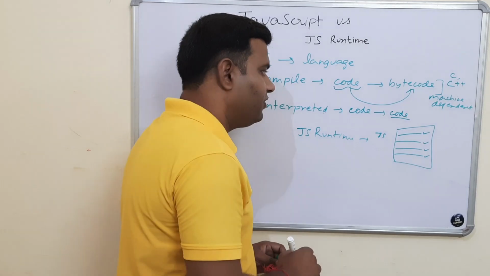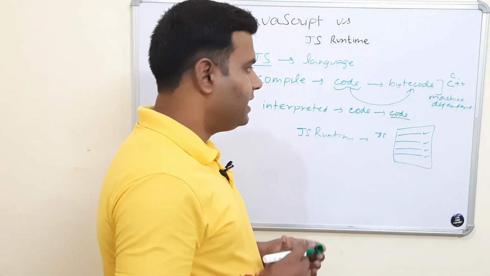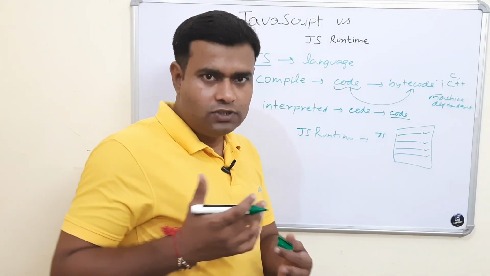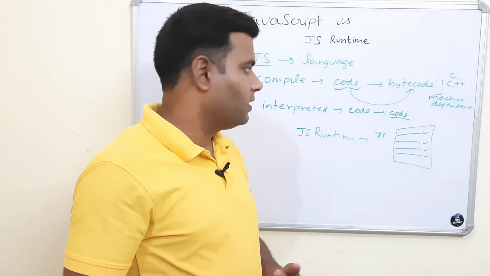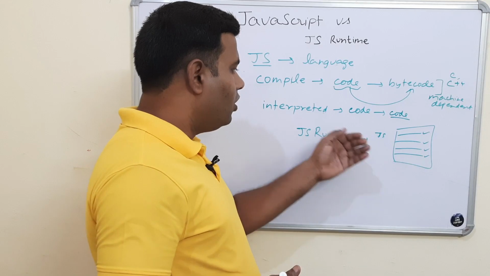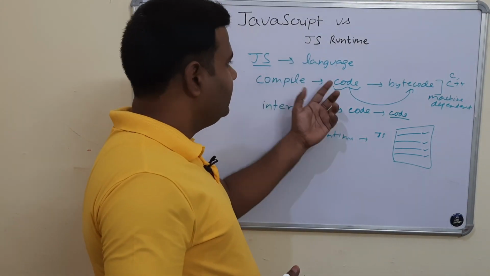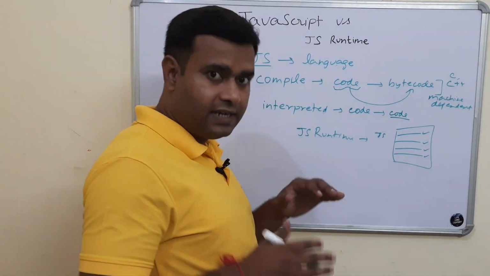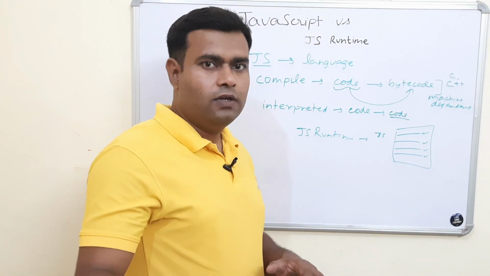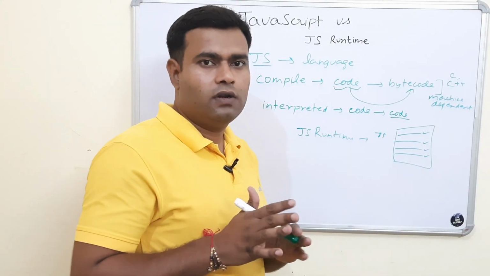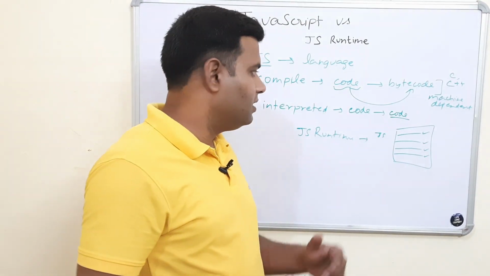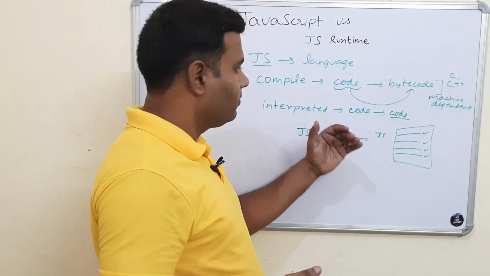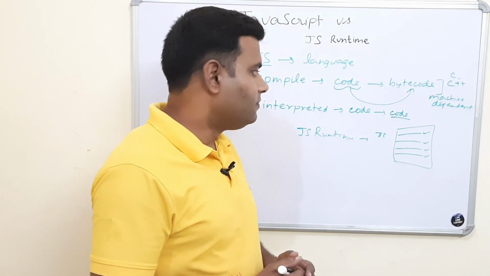At that particular point of time, it will try to understand and convert them to 0 1 language, right? Because computers understand only 0 and 1. So these are called interpreted languages, and for this interpretation it requires a runtime, and this runtime is dependent on the platform. So whatever laptops or machines you are using, you will have to install some software, and that software will take care of the platform dependency.